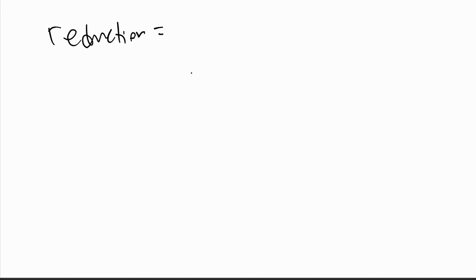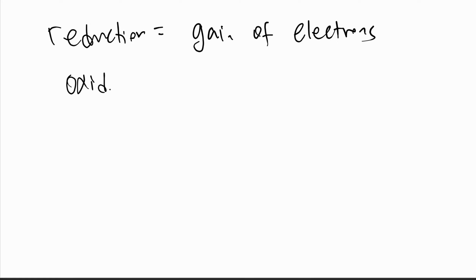Reduction in this case means the gain of electrons. Now I know this sounds super strange. You'd imagine reduction is reducing electrons, and I also don't get why we're using oxidation and reduction for the gaining and loss of electrons when it has nothing to do with oxygen. Oxidation is the loss of electrons.